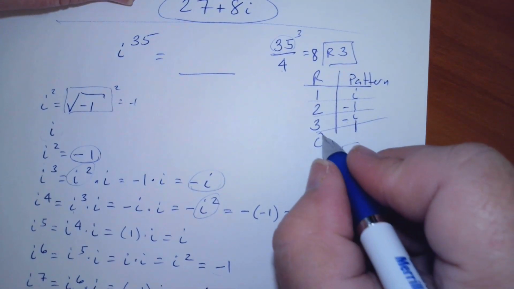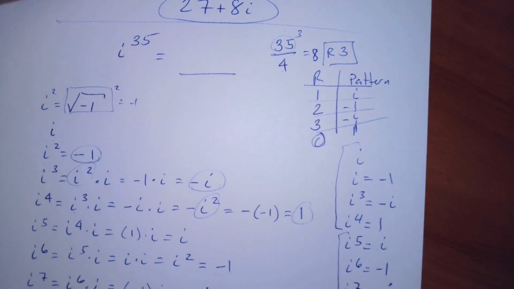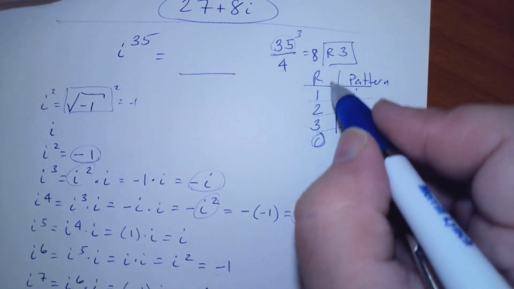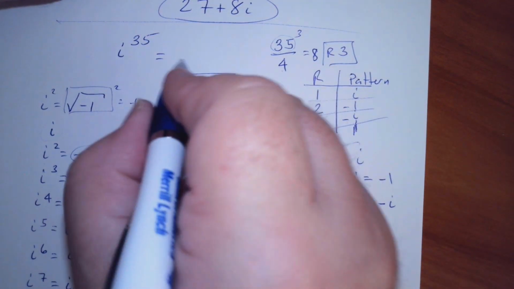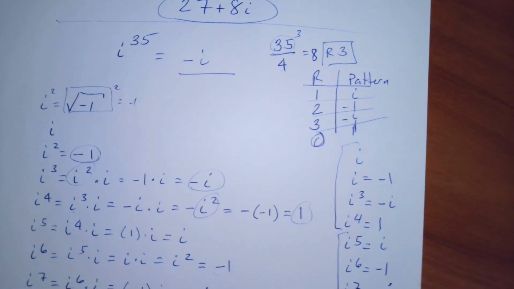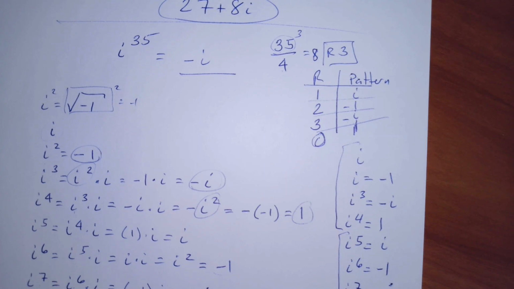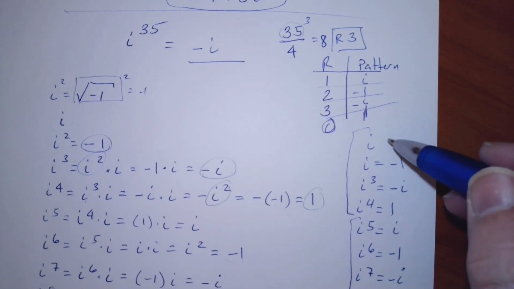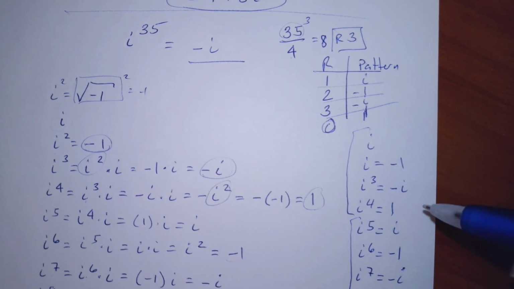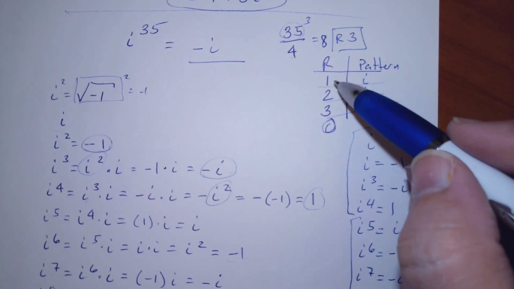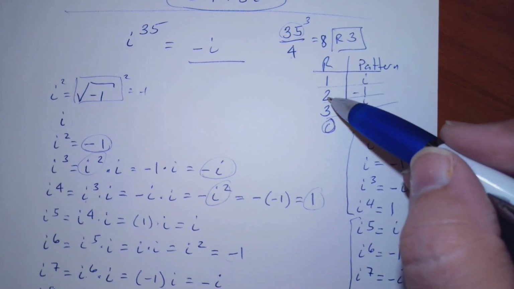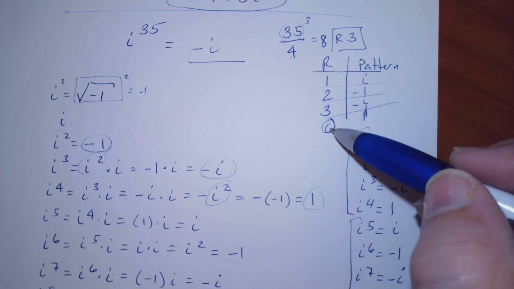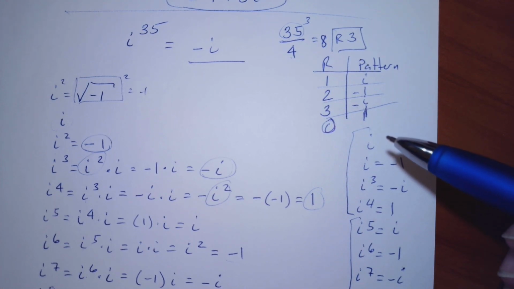If there's no remainder, it's a 1. So since our remainder is a 3, our answer is going to be negative i. So if the remainder is 1, it's the top one. If it's 2, it's the second one. 3 is the third one. If there's no remainder, it's the last one.